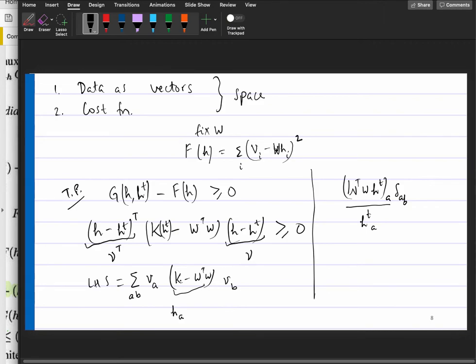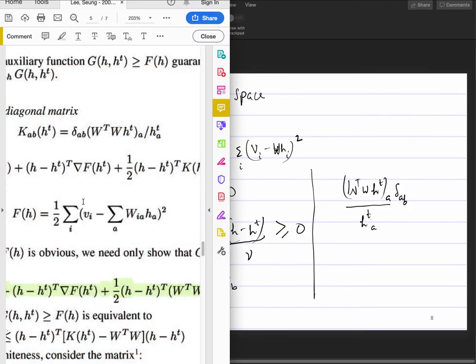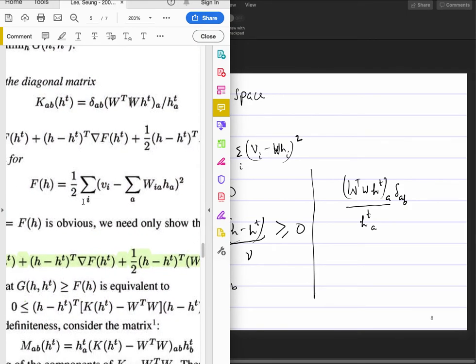And this is your K, and you are multiplying it.